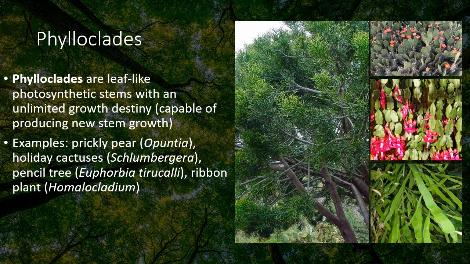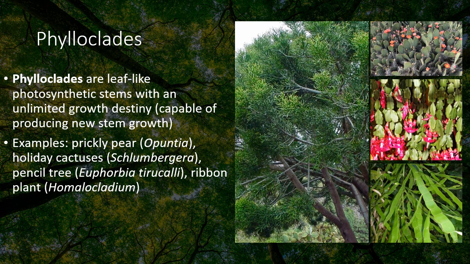Phylloclades are also leaf-like stems, but unlike a cladode, they have an unlimited growth destiny. So a phylloclade is actually capable of producing new stem growth. It can produce a new phylloclade or it can extend its own growth. Some really good examples of this would be prickly pear or the pad cacti.